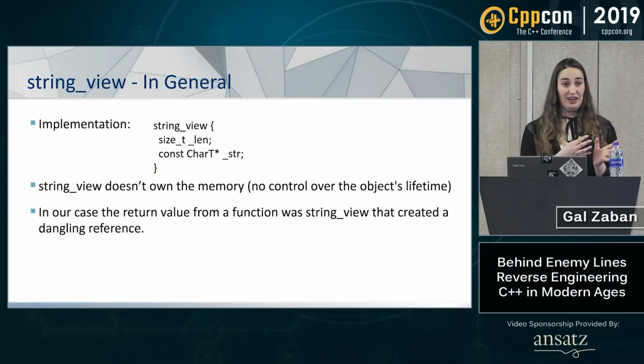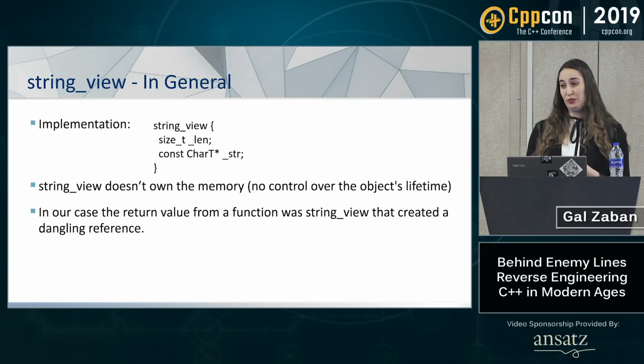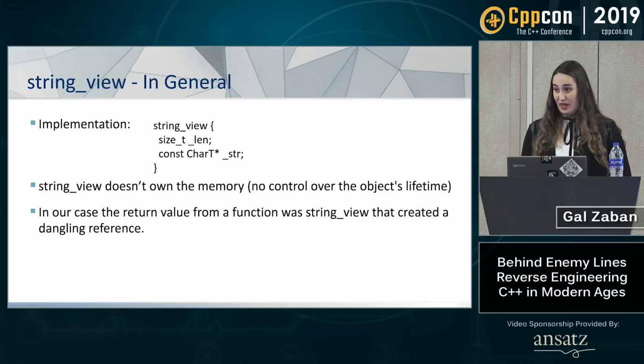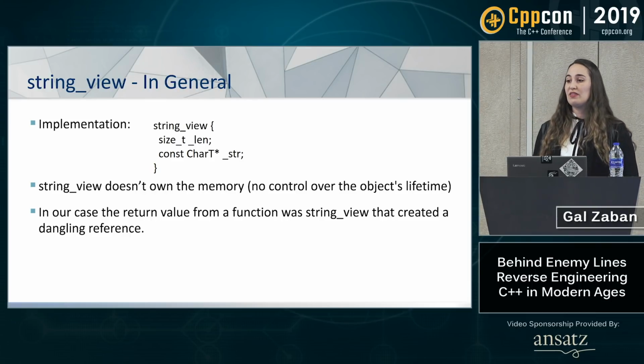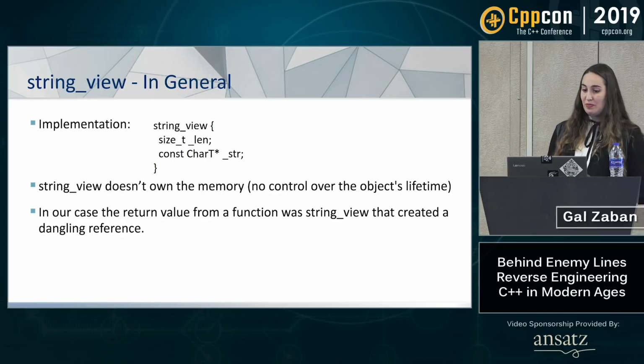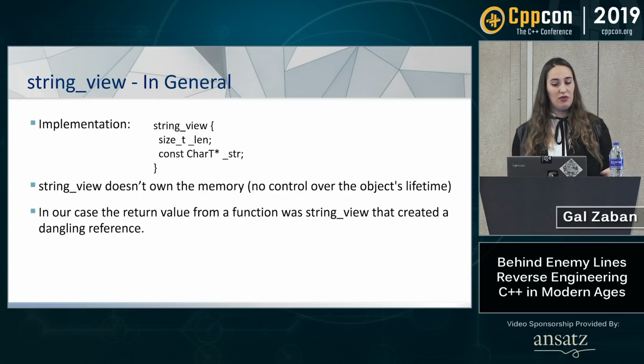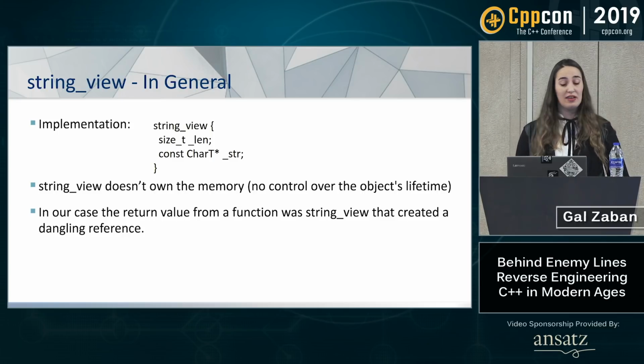You have a size and a pointer to the string that the string_view uses. But string_view doesn't own the memory, which means that it has no control over the object's lifetime. Which means that in our case, the return value from the function created a dangling reference. And we could actually write other stuff because there was a dangling reference from misusing string_view.